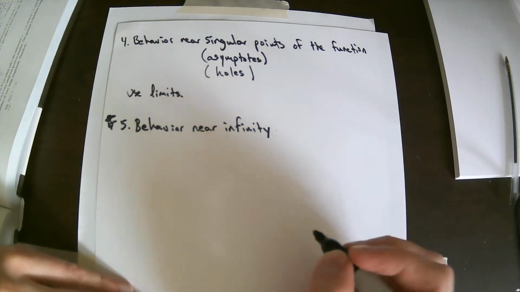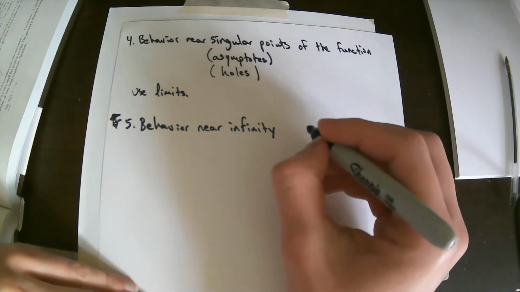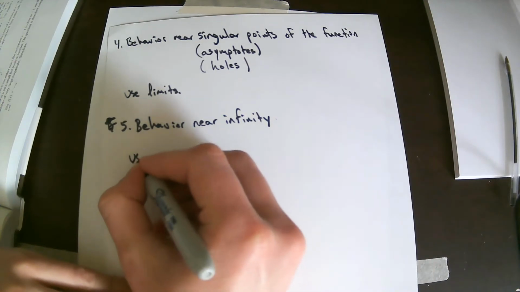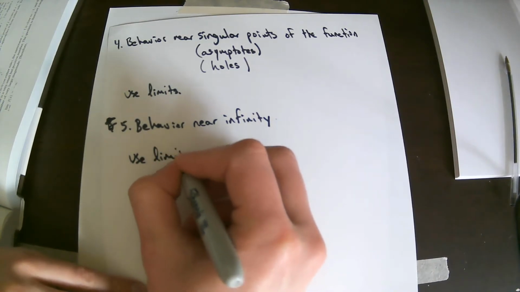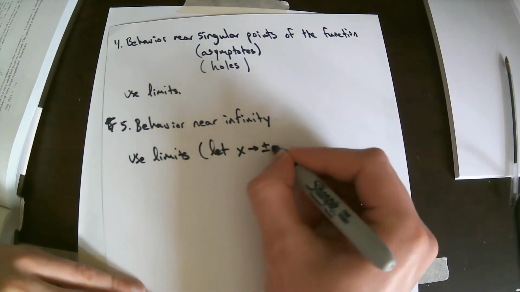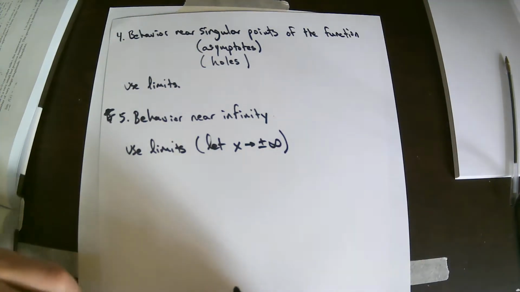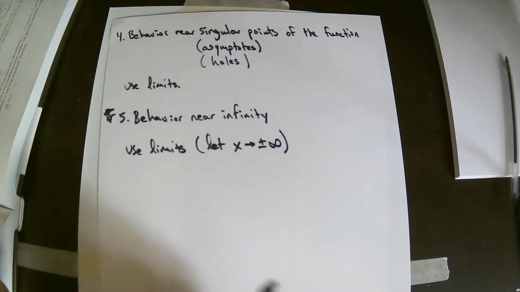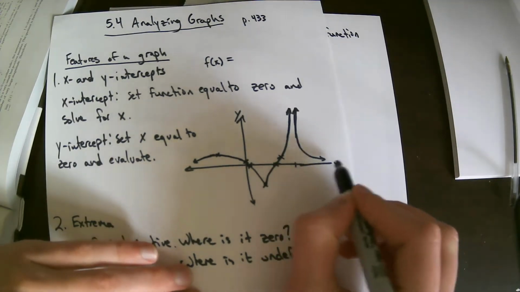Behavior near infinity is going to be, you're going to use limits again, but this is where you're letting x go to positive and negative infinity. Positive and negative, it's separately, two separate limits, and that's going to tell you how the graph is acting out this way.